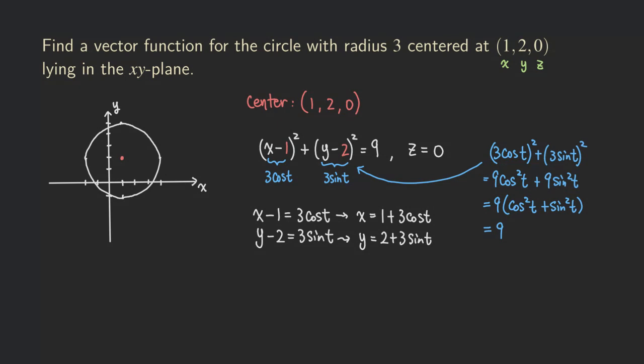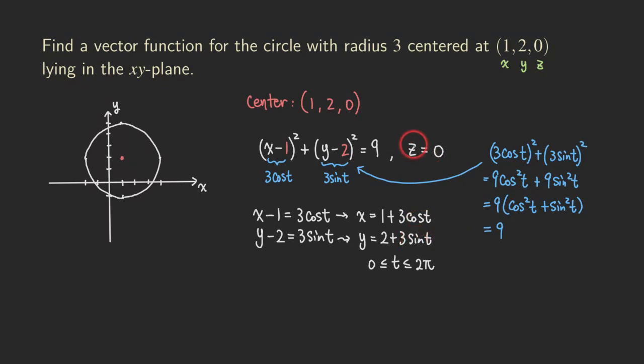We also need to set a restriction for the t, but you know that from polar, we are going to just restrict the t from 0 to 2 pi. In polar we actually use theta, but right now because we're using a generic parameter, we just use t. So this is the pair of parametric equations that you have.